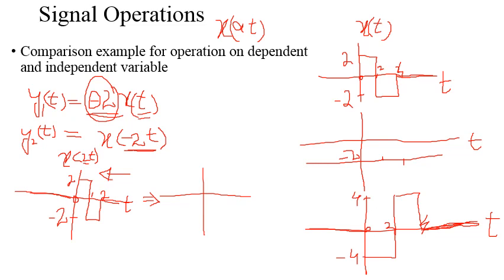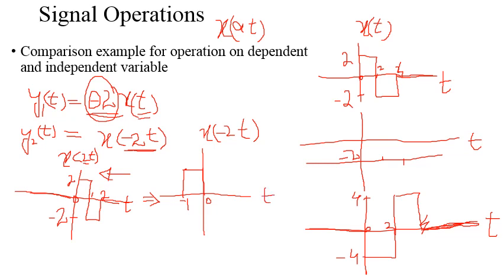So 0 will be 0, and because this is from 0 up to 1, it will be formed here, something like this. So this is your x of minus 2t. So this is minus 1, and this is 0, this is your t-axis.